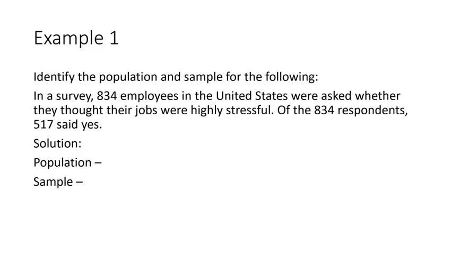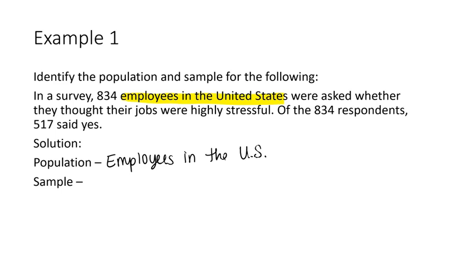So who's our population? Who is the big focus group? Don't look at the numbers, look at the people. We are wanting to look at employees in the US. You can imagine that is a huge group of people. I cannot go talk to every single one of them. It's not feasible.